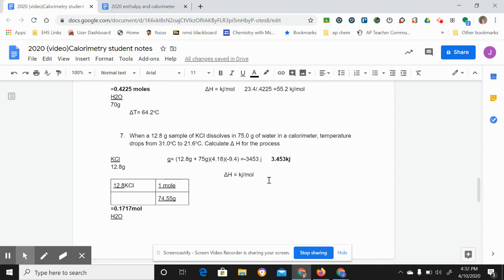So we have our kilojoules, which is 3.453, divided by my moles, which is 0.1717. And when you do your math on that, you should get an answer of 20.1 kilojoules per mole.